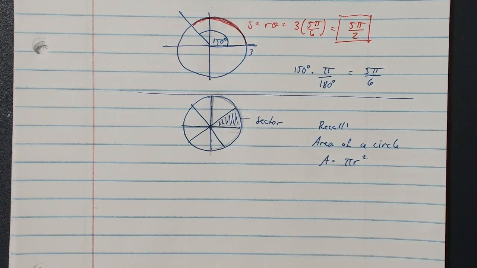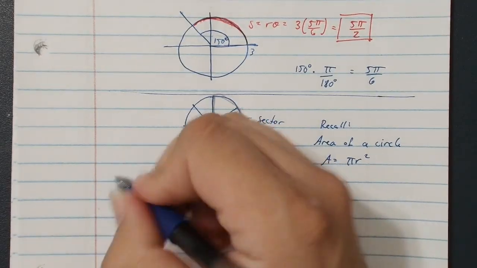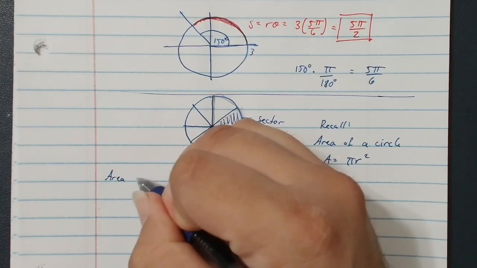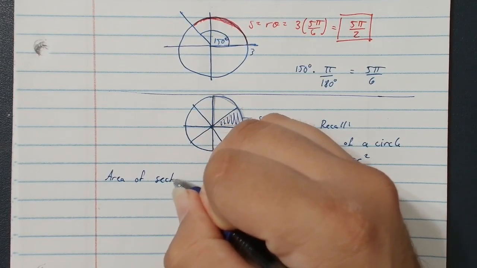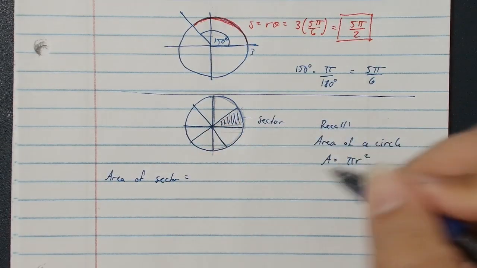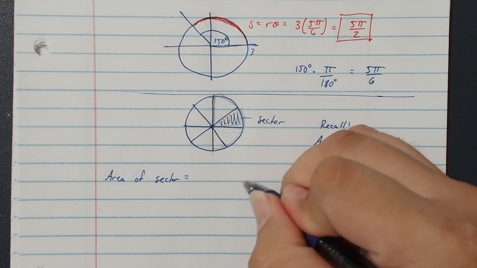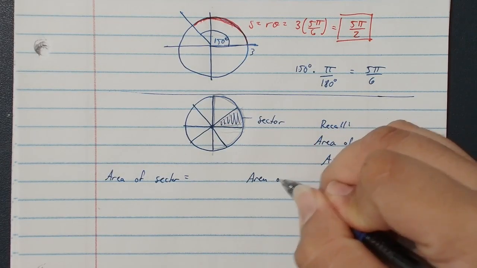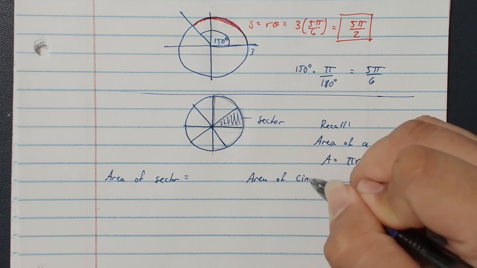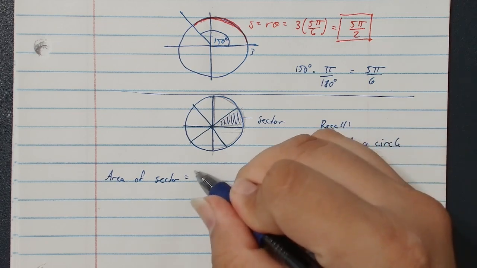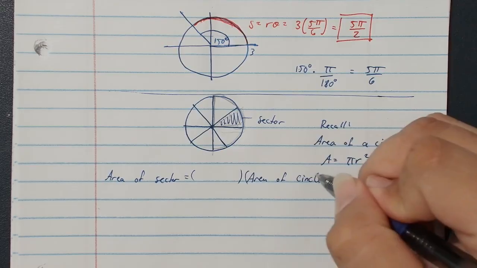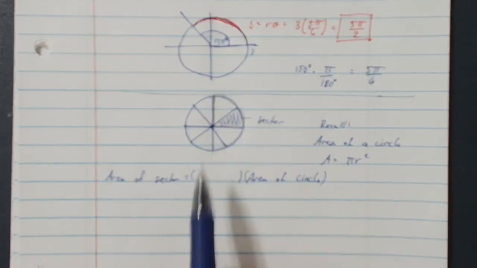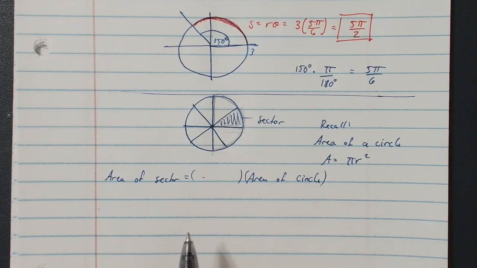So what we're really looking for here, the area of our sector, is going to equal the area of our circle times what fraction of our circle we have. So if we have half of our circle, it'll be half times the area of the circle.